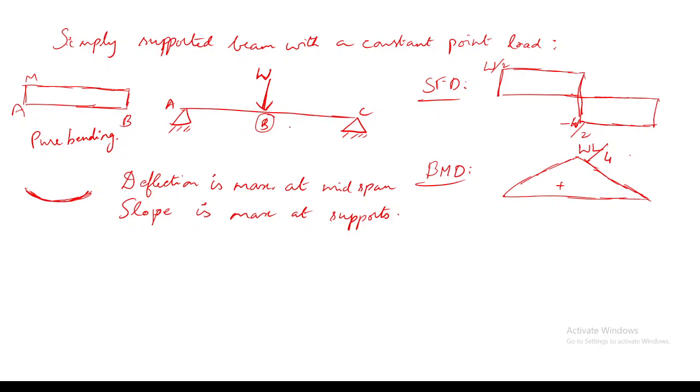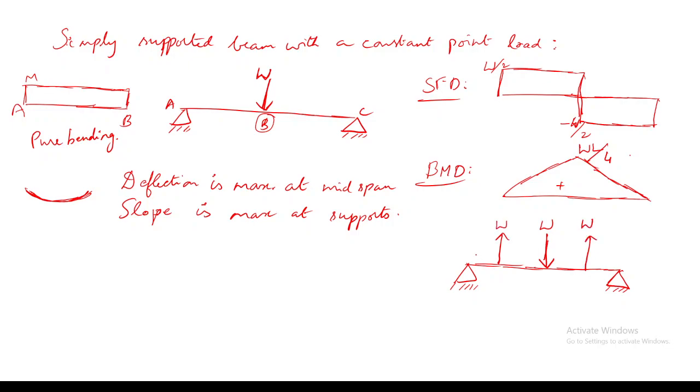For example, for a symmetrical loading, I could give you another example where the deflection is maximum at midspan and the slope is maximum at the supports. Let's say I have a load like this of W, and another load like this of W.